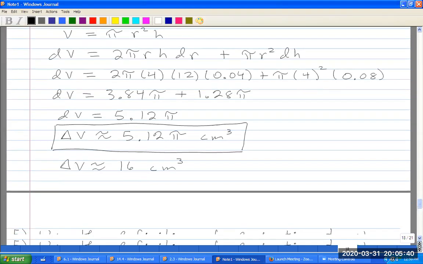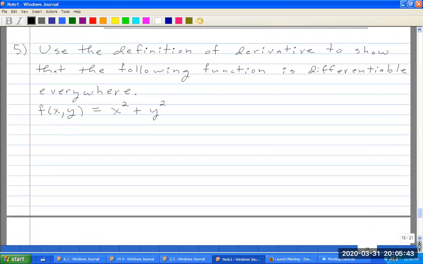Let me do problem number 5. Use the definition of derivative to show that the following function is differentiable everywhere.